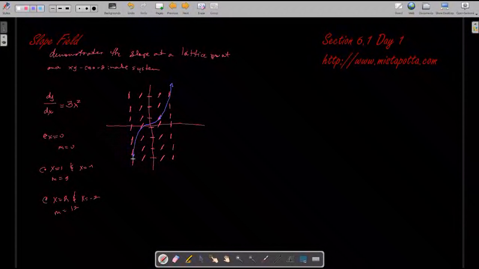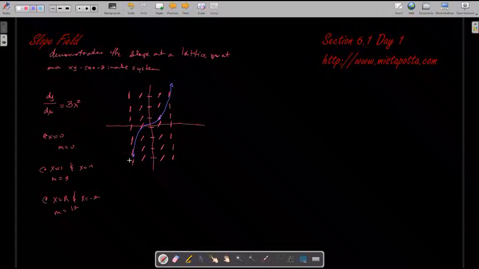I can actually draw a solution to the differential equation. I can solve a differential equation graphically using a slope field.